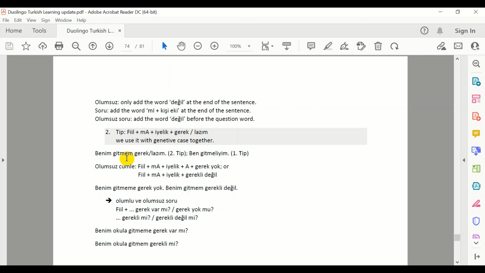Or benim gitmem gerekli değil. Any structure that you feel convenient with, you can use it. Benim gitmem lazım, positive. Benim gitmeme gerek yok. Benim gitmem gerekli değil.